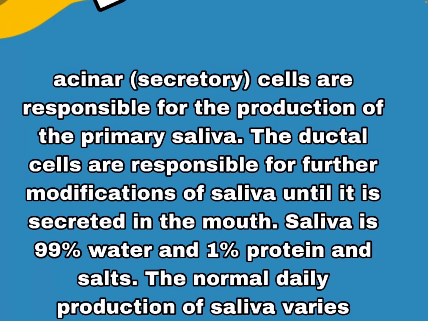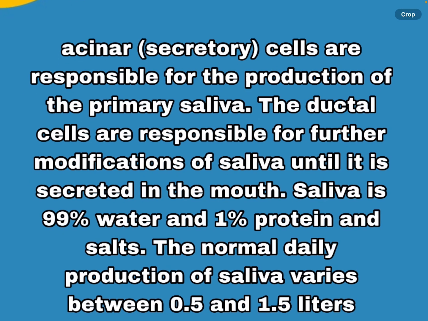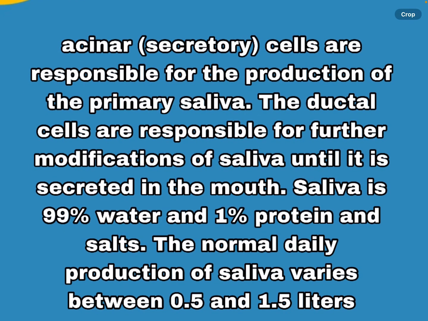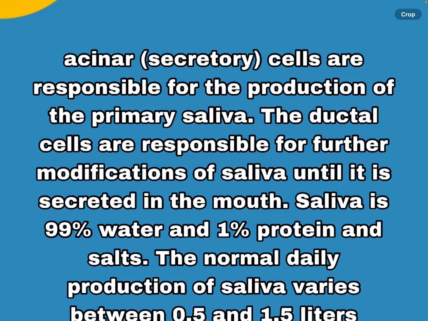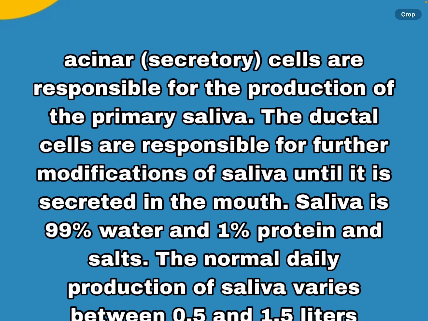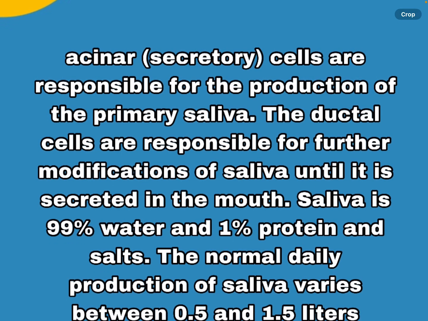It means acinar cells make primary saliva, and ductal cells decorate the saliva. They change the saliva, add some stuff, remove some stuff, until it is 99% water and 1% protein.